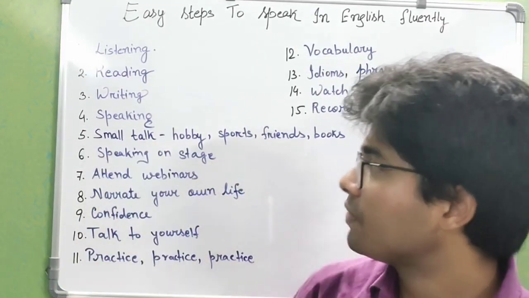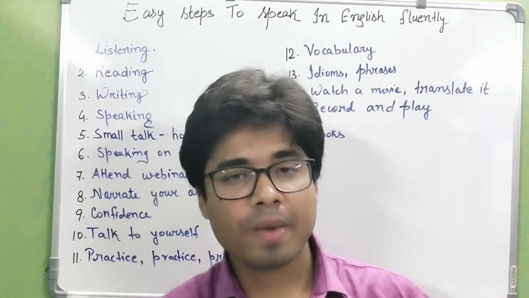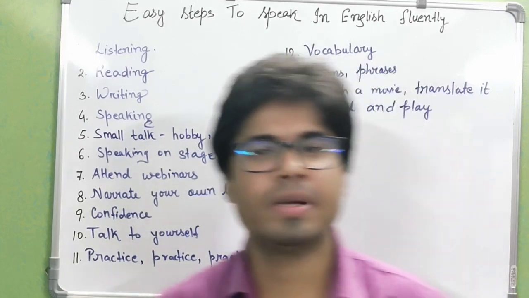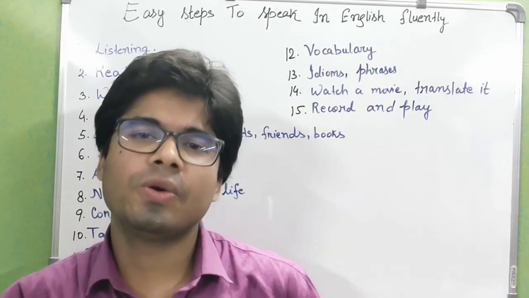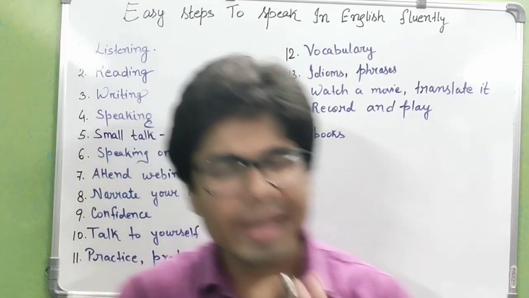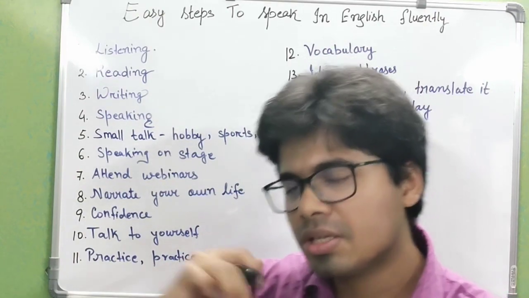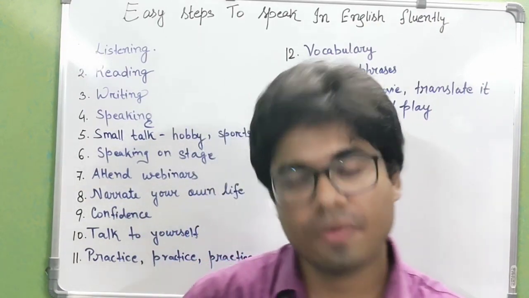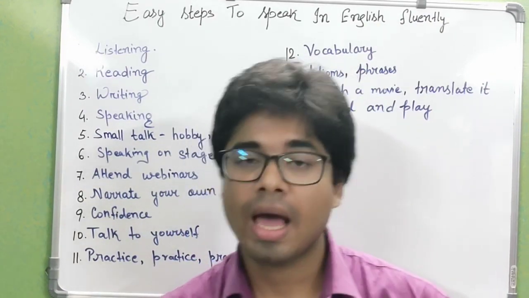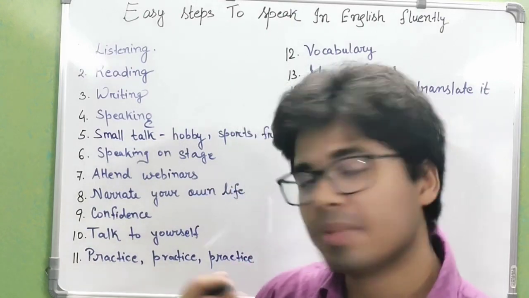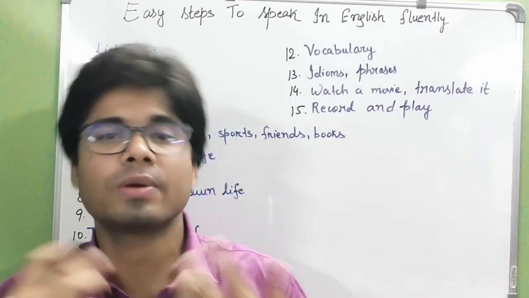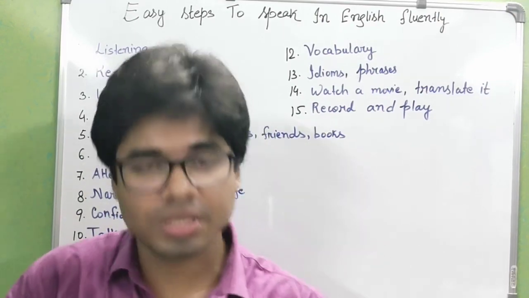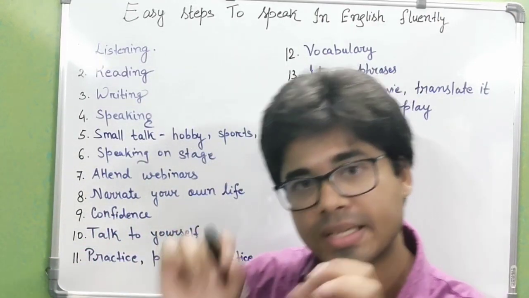Now, the fifth one is small talk. You must know how to initiate small talks, how your hobby can be discussed. If you like cricket, if you like football, if you like reading any kind of book, just share what you read. If you want to say something about tennis or volleyball as your hobby, your pastime, or leisure, then you must say this.